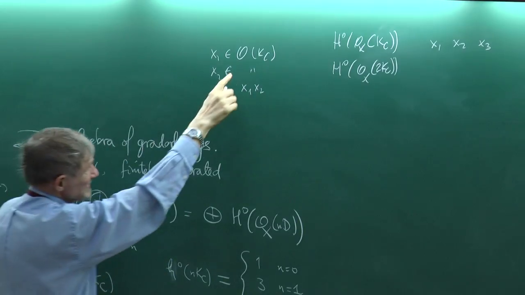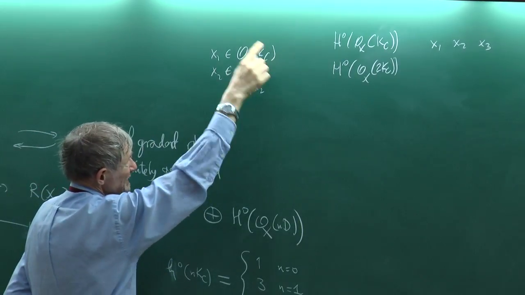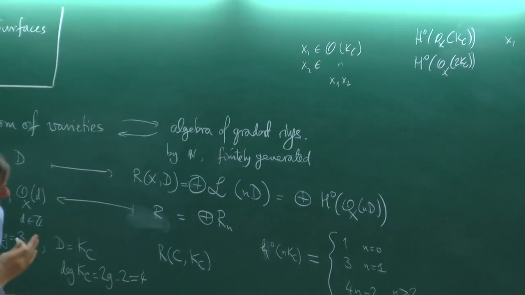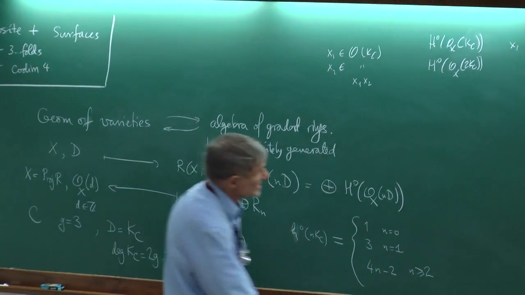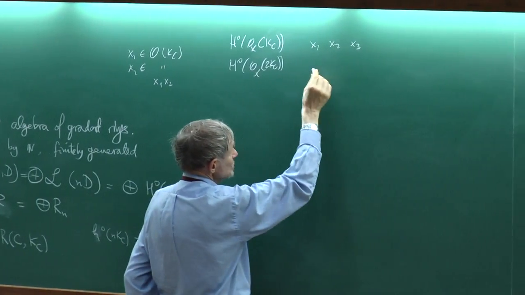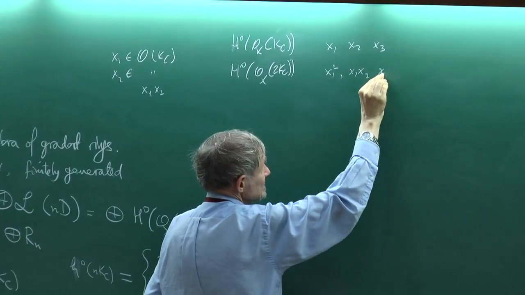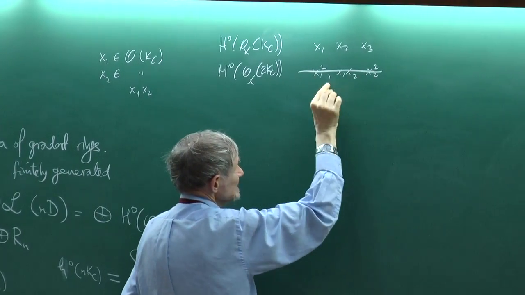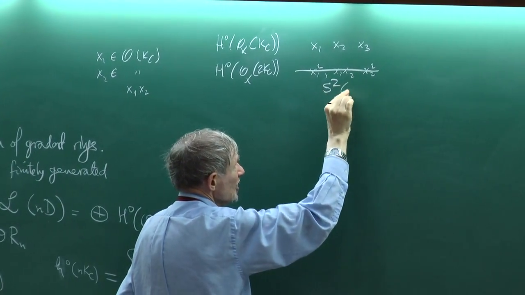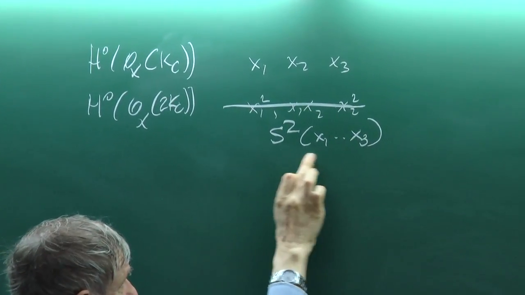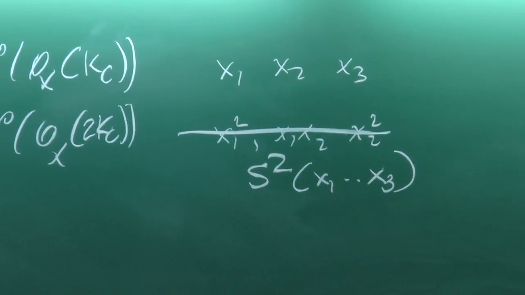If I multiply a function with given poles by another function with given poles, I have a product function with the sum of the two given poles. So here we own for sure x1 squared, x1 x2, x2 squared, S^2 of x1, x3. So there are 6 monomials there.